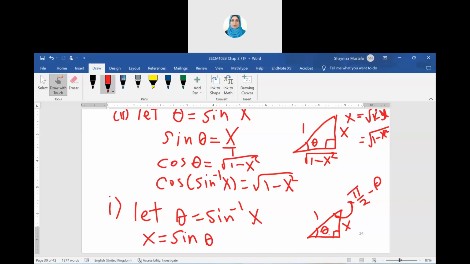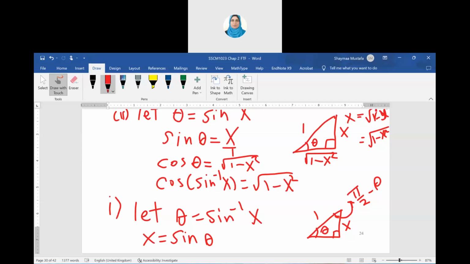This angle is equal to pi over 2 minus theta, the third angle, because all the angles should add up to 180 degrees. So if this is 90 degrees and this one is theta, it should be 90 minus theta.